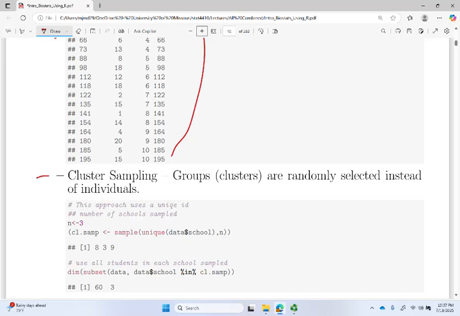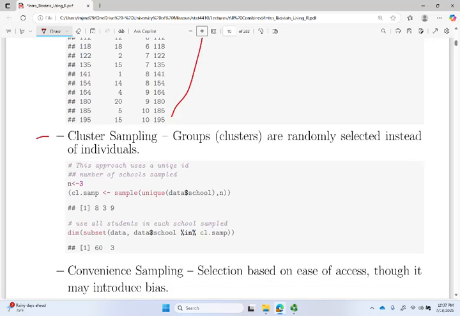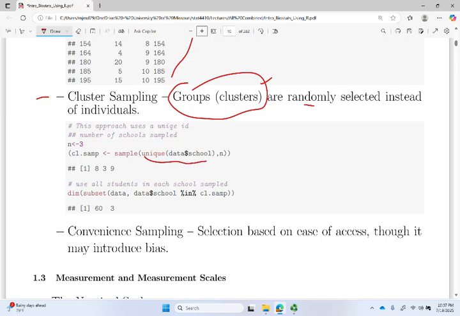Now, cluster sampling is very similar to stratified random sampling, but the groups we call clusters, and the clusters are randomly picked. So we don't pick every school in the state of Missouri. We just randomly pick clusters, and then we use every observation within that cluster. So here, there's 10 different schools, and we want to randomly pick 3 of them.